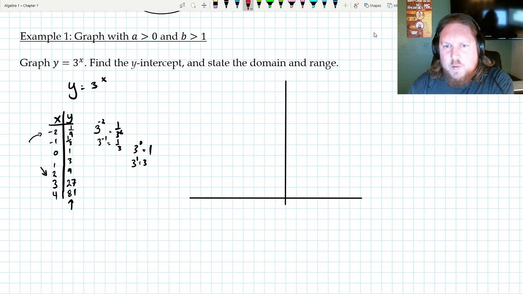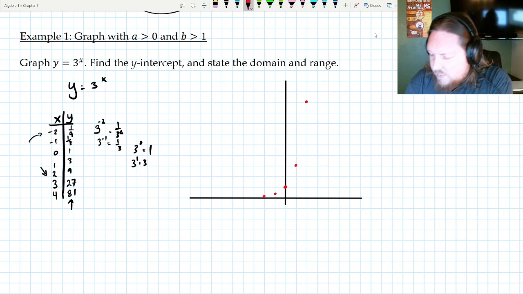Let's go ahead and plot some points here. At negative 2, it's 1/9, which is very small. At negative 1, it's 1/3, which is pretty small. 0, 1, 1, 3. 2 is all the way up at 9. 5, 6, 7, 8, 9. And just to put the 3 down, it doesn't even fit on my page. This is what the graph looks like.